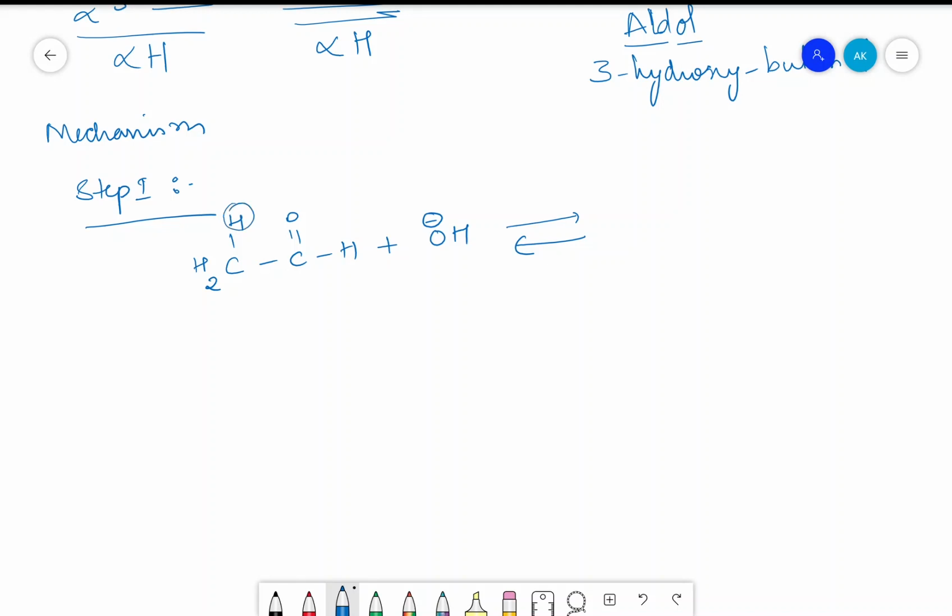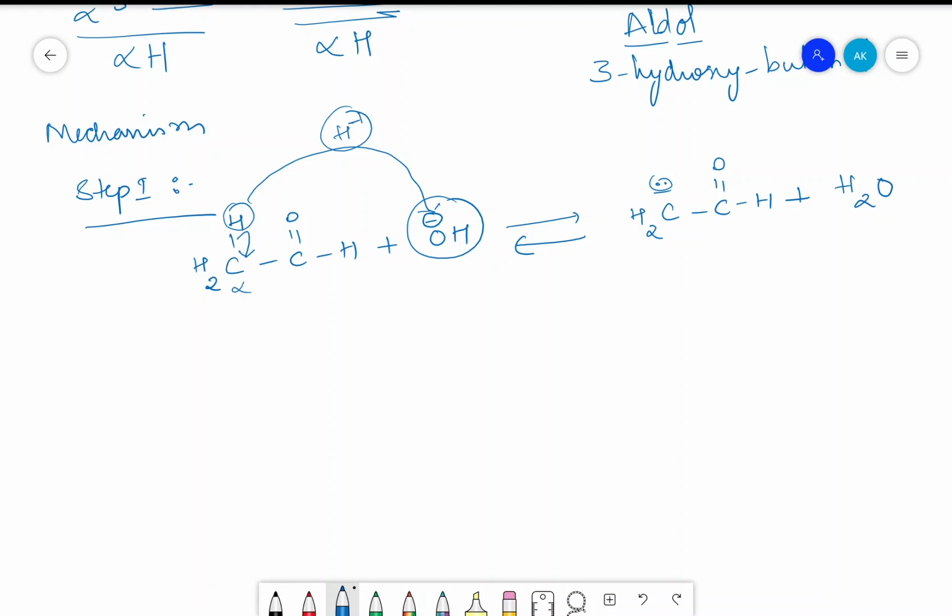Now this is your alpha carbon and alpha hydrogen. Hydrogen will be removed in the form of H plus, and the bond will shift towards carbon. This results in the formation of negative charge on carbon and CH2 as it is, C double bond OH, and this H plus and OH will combine to form H2O.